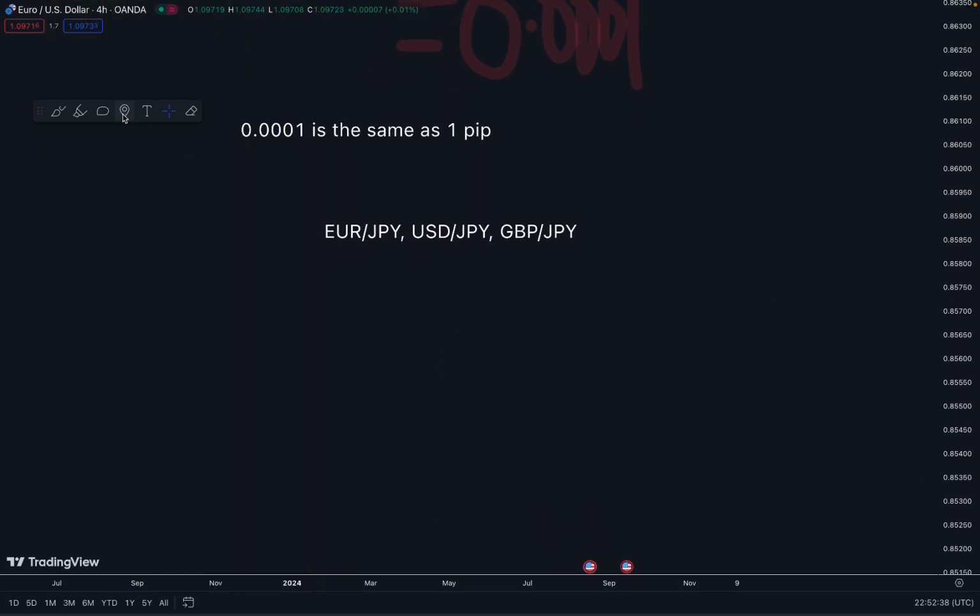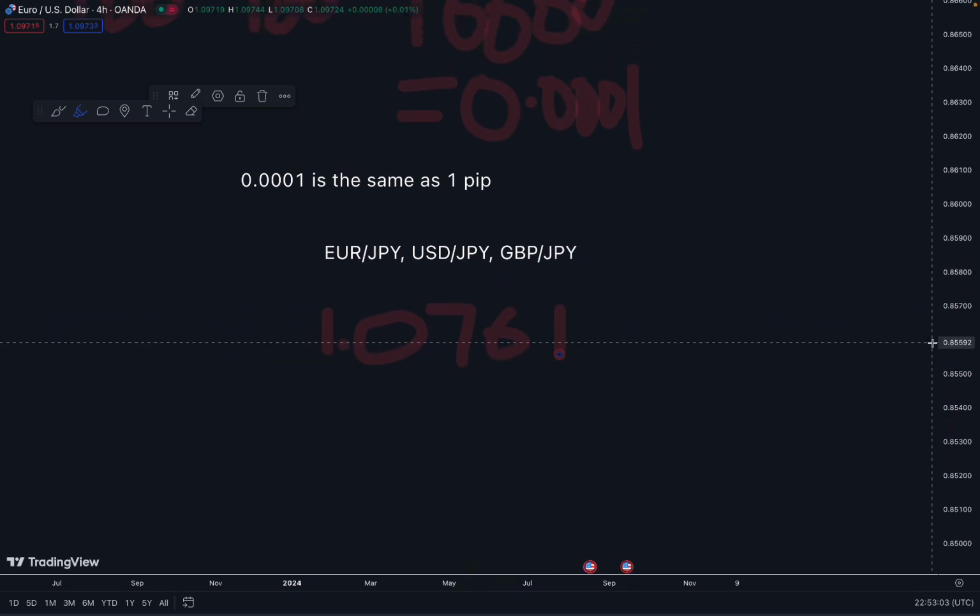So let's say the current price of Euro USD is 1.0761.